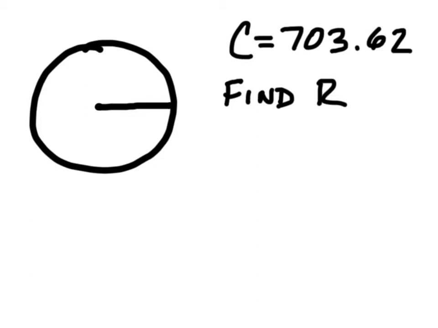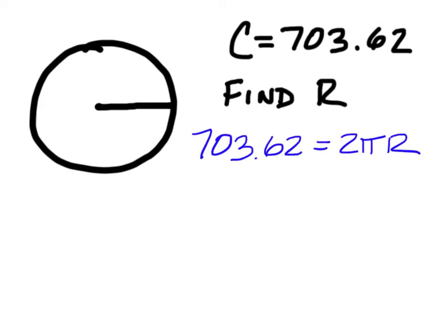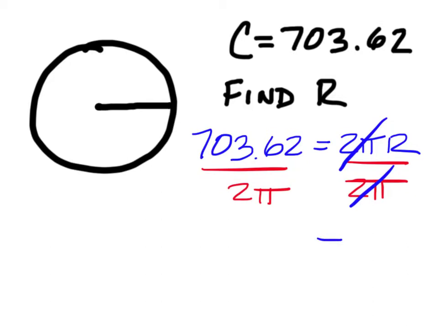Alright, on the practice problem here, we need 703.62 and set it equal to 2 pi r. And then divide both sides by 2 pi. 2 pi's will cancel out on the right.